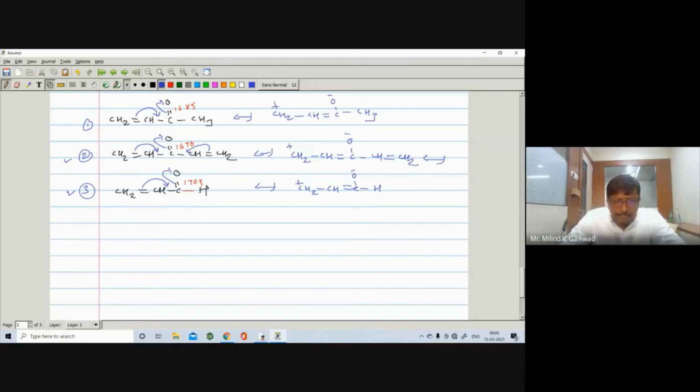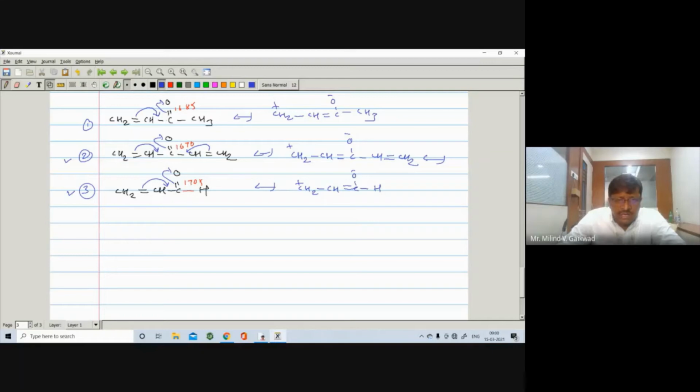If you compare compound number 1 and 2, again similarly you will find that there is the presence of two pi bonds involved in delocalization, giving single bond character, but in the first compound only one pi bond is involved in delocalization.